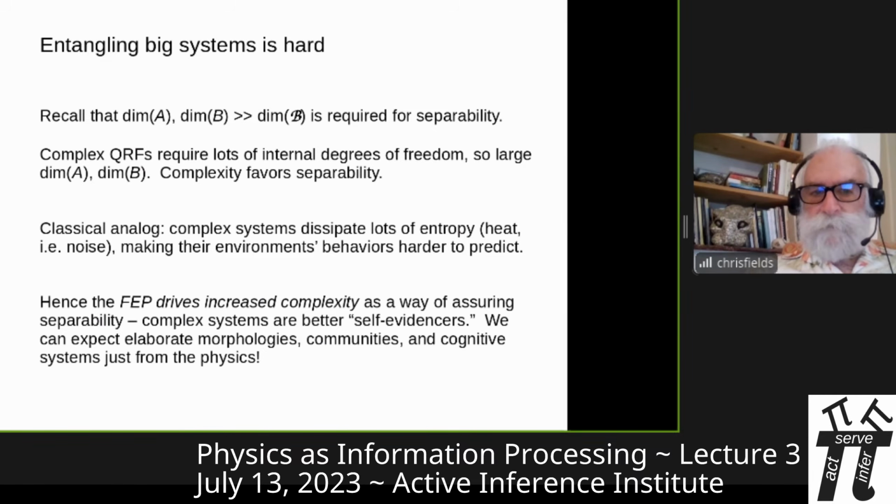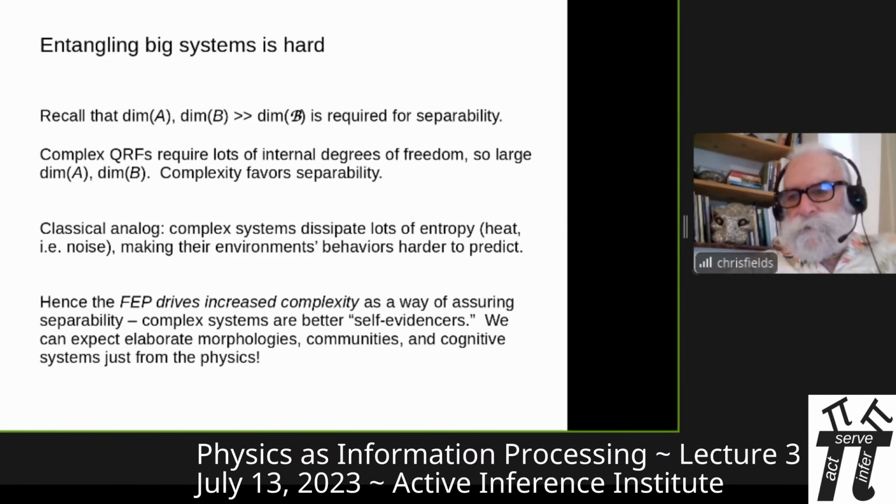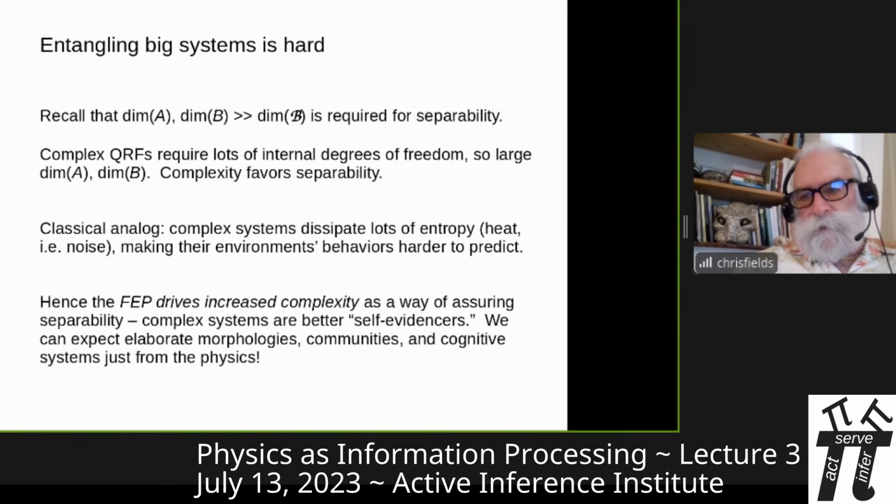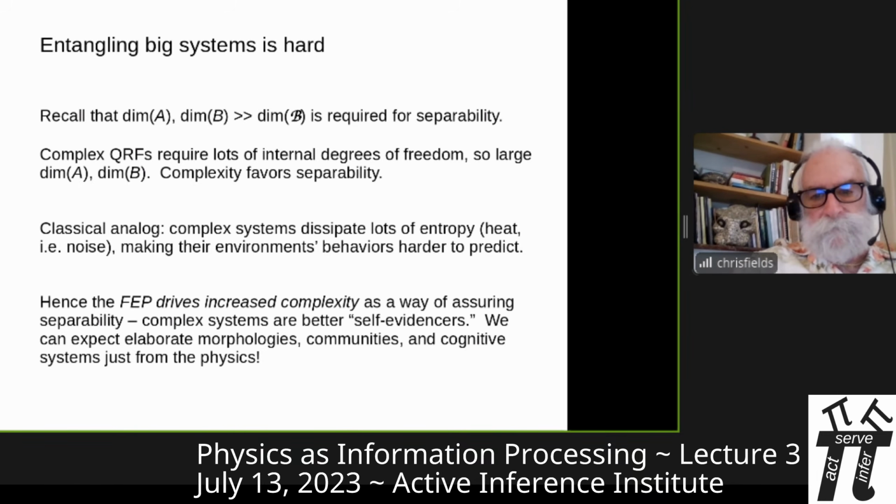So if you have a complex QRF that's doing a lot of computation, then you need a lot of internal degrees of freedom to implement that computation. So you need a lot of internal state. So you have to have large dimension. So complexity favors separability. As a system becomes more complex, it has to have more internal states. So it has to be, in a sense, more separable from whatever it's interacting with.